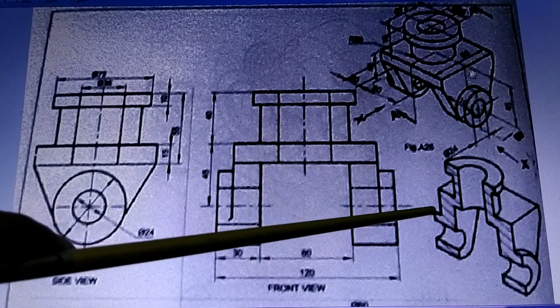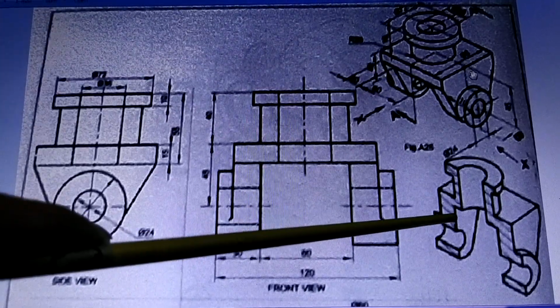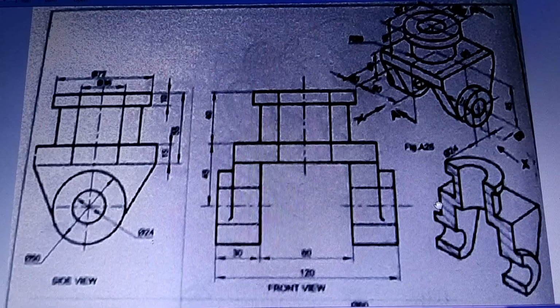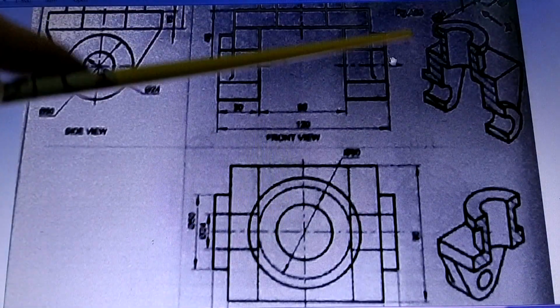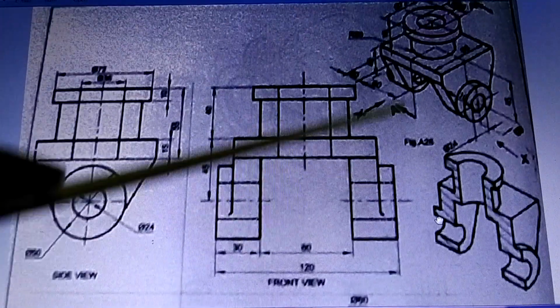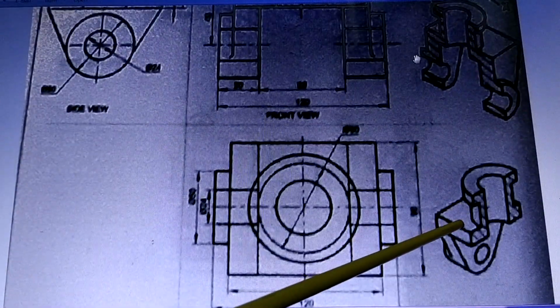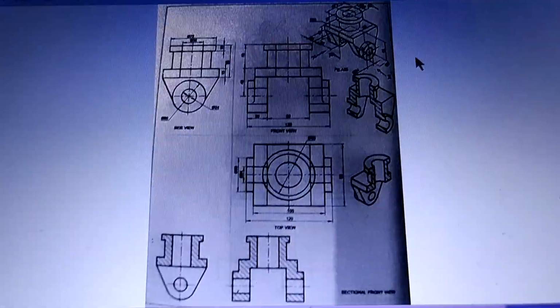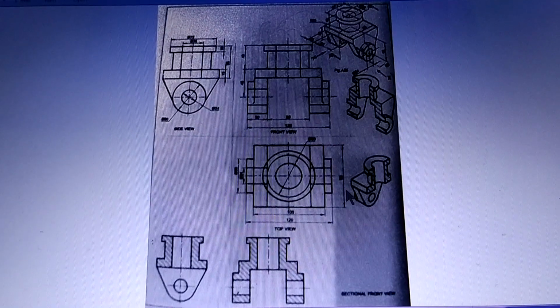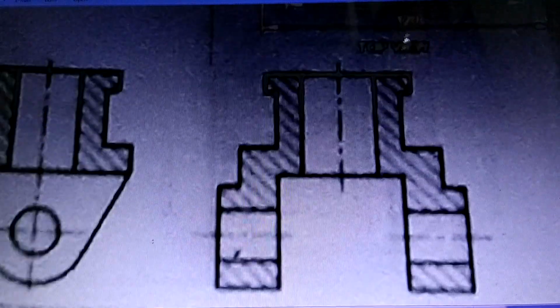Okay. So this is a full object after it is cut, and here after it is cut in the other plane. So when it is cut in one plane like this, when it is cut in the other plane, it looks like this. So when that is to be added, then the views look like this.